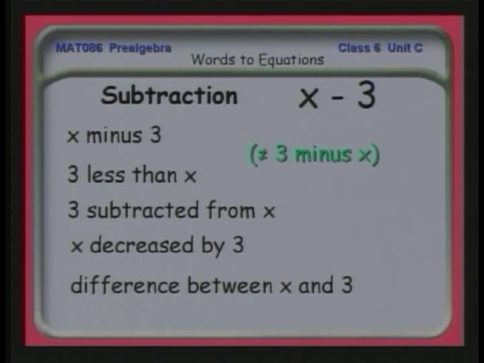Now, unlike addition, subtraction matters in terms of the order. If you have x minus 3, it's not the same as 3 minus x. You have to be careful about that because, for example, if you had 3 minus x, you would have x less than 3, not 3 less than x.